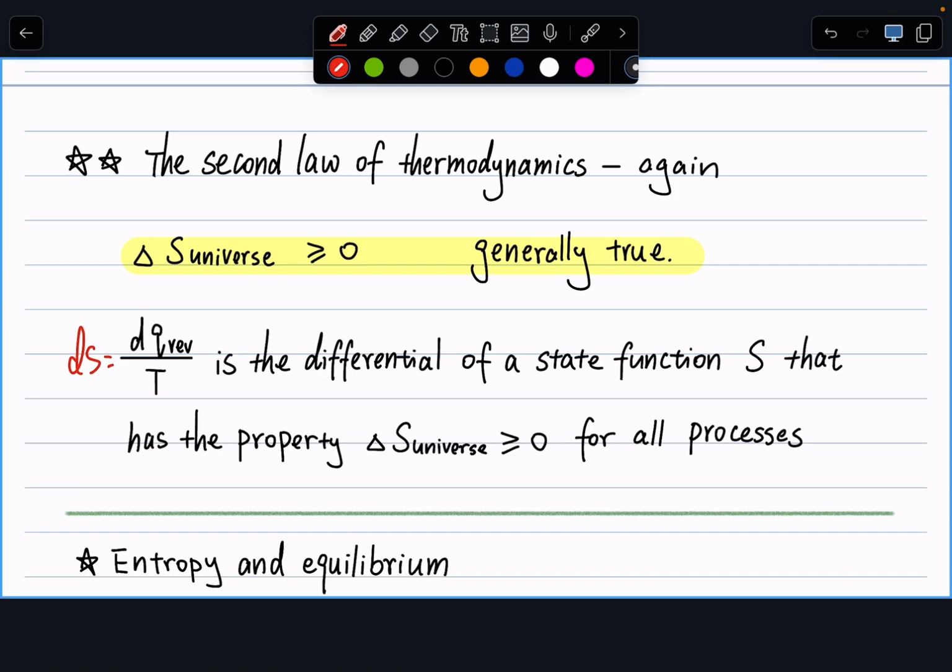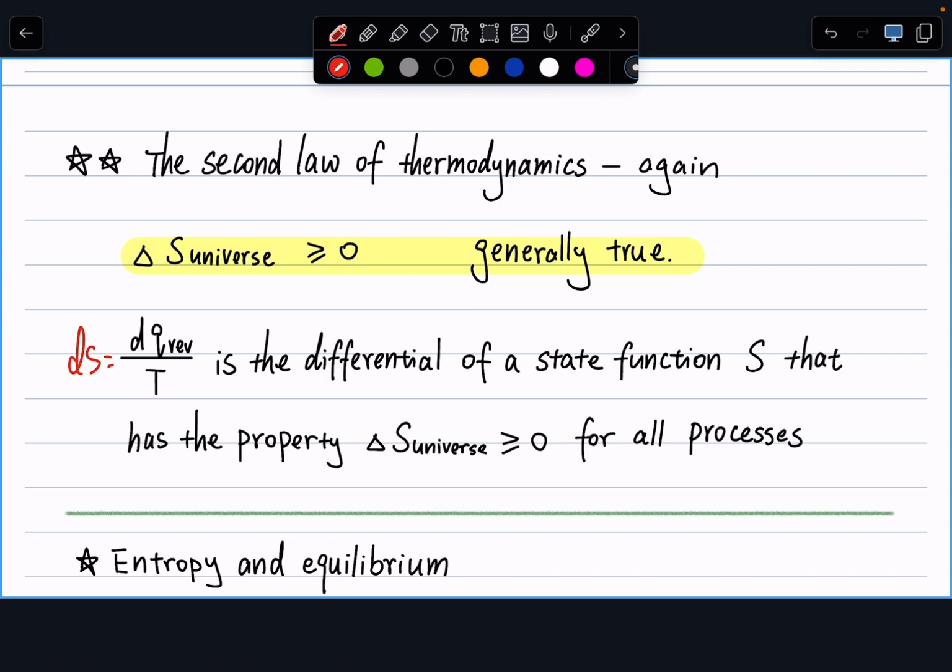From this cycle, we derive that delta S from 1 to 2 for that irreversible adiabatic process equals the negative of Q3 to 4 over T. Then we use our first and second law of thermodynamics to derive that Q3 to 4 must be a negative number, and hence the delta S for this irreversible adiabatic process in a closed system must be greater than 0. And then we took a logical step ahead to say this is generally true for the entire universe, if we consider the entire universe as an isolated system.